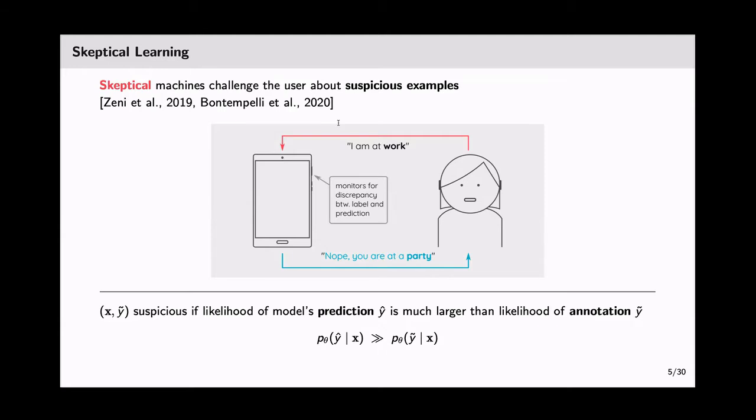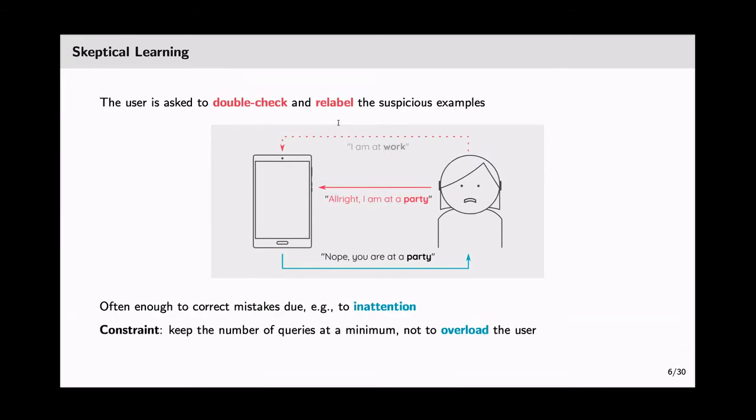Here, after spotting a suspicious example, the machine asks the user to double check the provided label. Basically, here we want to get the ground truth label directly from the user. Typical machine learning methods tend to take labels and use them even if they are wrong. In skeptical learning, you are trying to spot these mistakes and ask the user to provide you with the ground truth label.